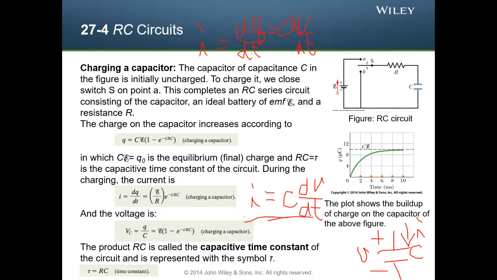So I move this term to the right side and we factor this out. So we have s plus 1 over RC, something like this.